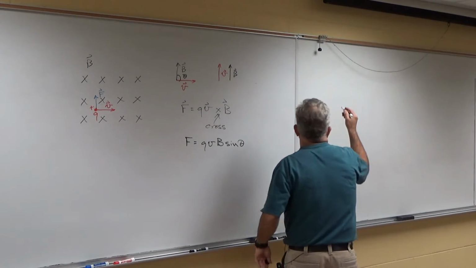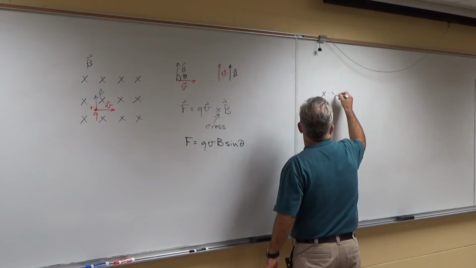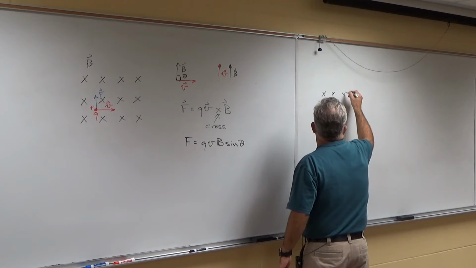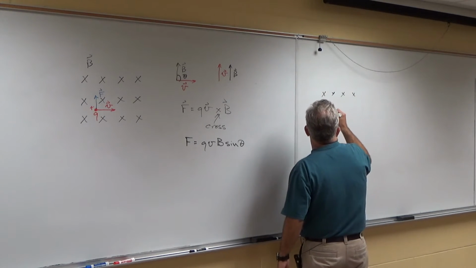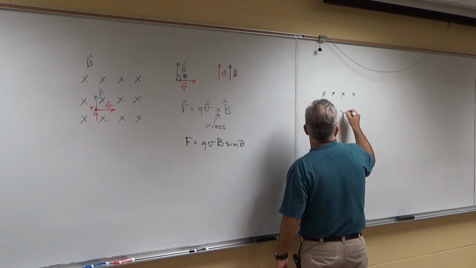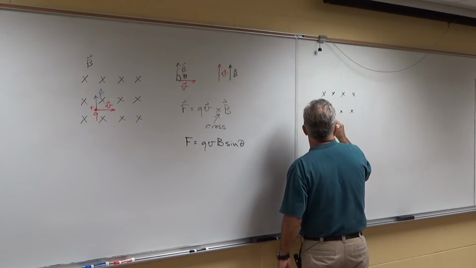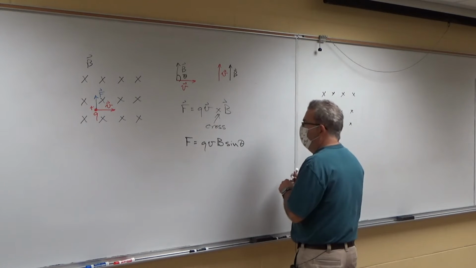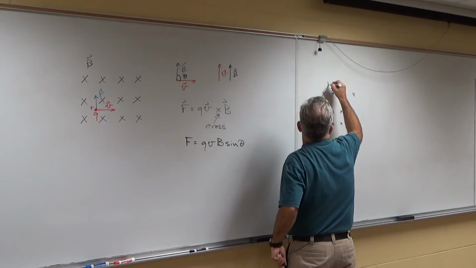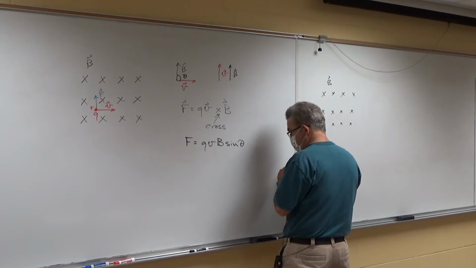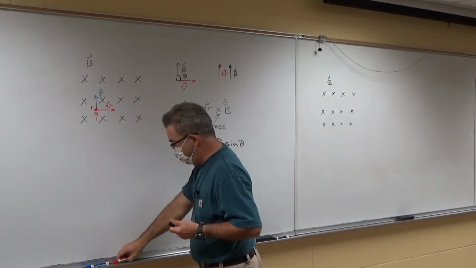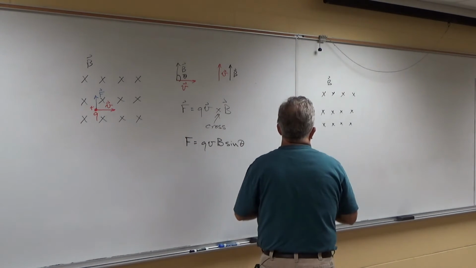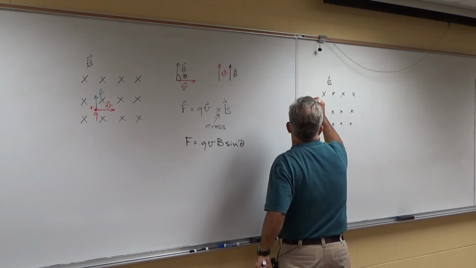I'm going to redraw this over here. We'll do sort of a calculation based on this. All right, here's the magnetic field, B. Here comes an electron, because this is what we're actually going to do in lab.